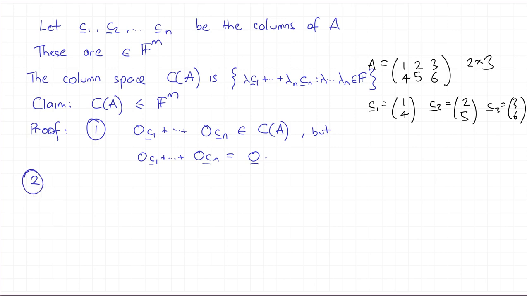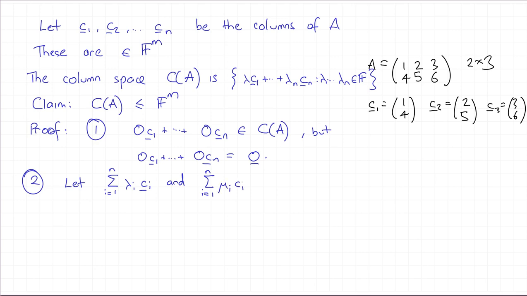Let's do the next one, which is the next part of the definition, which is closure under addition. So I have to take any two elements in the column space. So let's call the first one, well, I'm going to write this using summation notation just to make things a little bit easier for me. So the sum from i equals 1 to n of lambda i ci and the sum from i equals 1 to n of mu i ci.